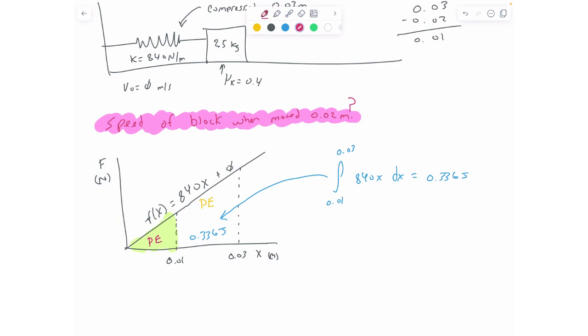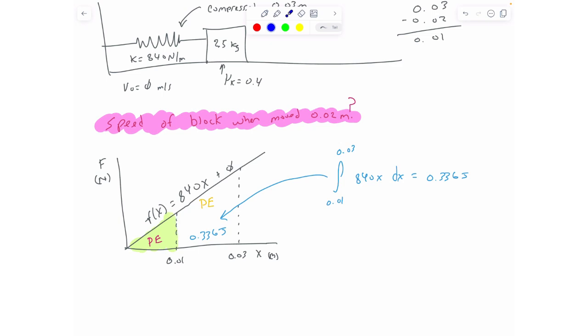The spring is still compressed 0.01, so we didn't release all of it, just part of it. Think of this like a battery: we use this much of the battery, but this part we left alone. So we're only going to use part of the battery, which is energy storage.